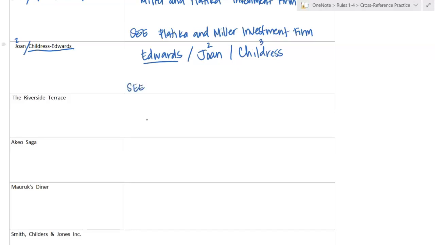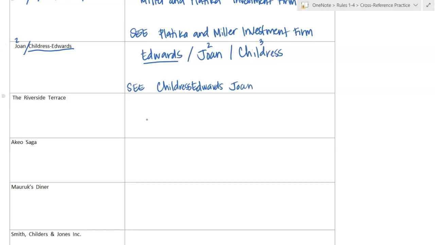And so my C notation would be C, Childress Edwards, with no space between these two last names, and then Joan.